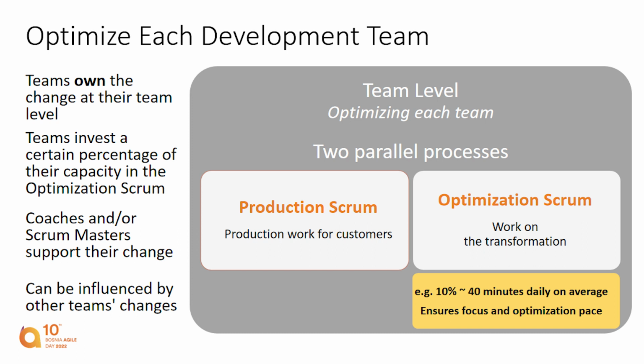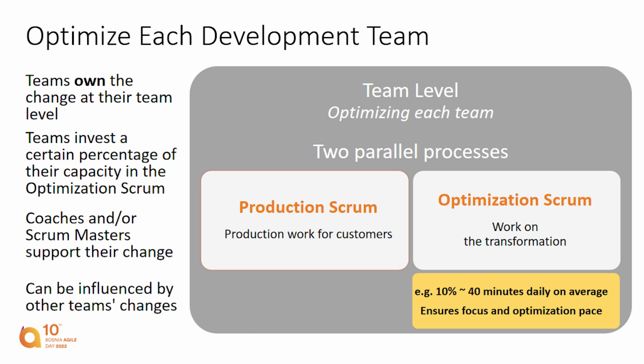That might not be too much. So even with 10% of their capacity, they would get about 40 minutes a day on the average. So it might seem not too much, but it adds up. And sprint after sprint, they will introduce changes in the way they work.